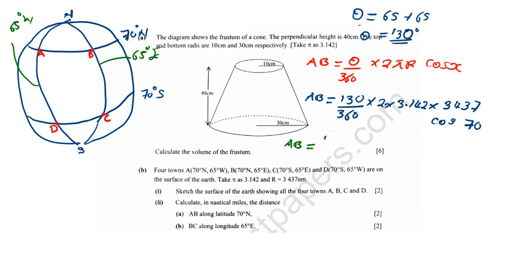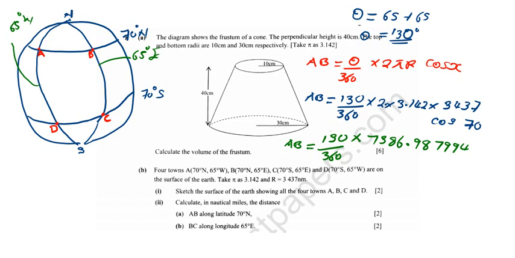I'm getting 130 over 360 times 7386.987994.